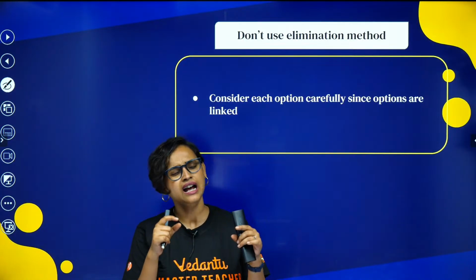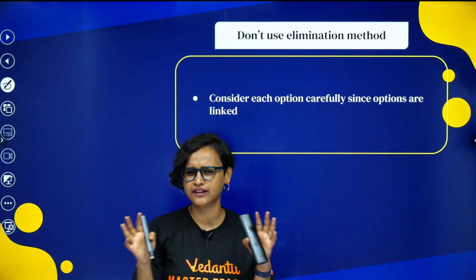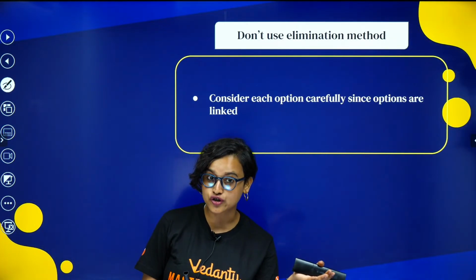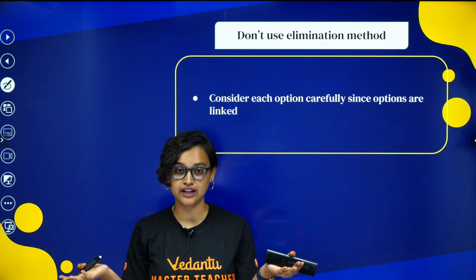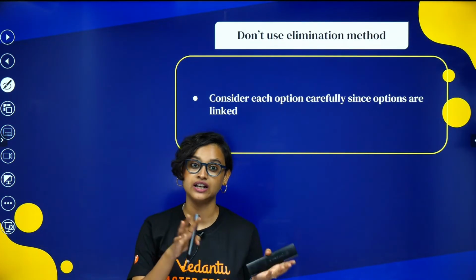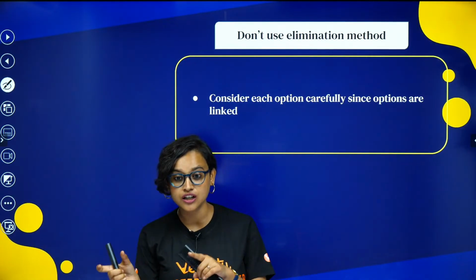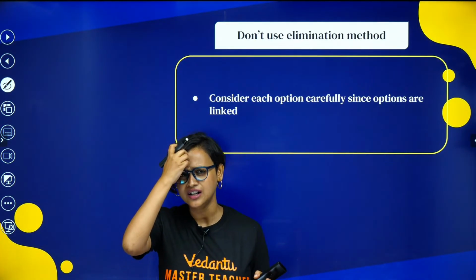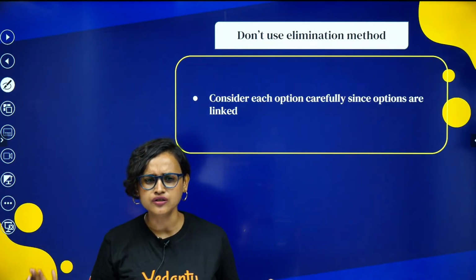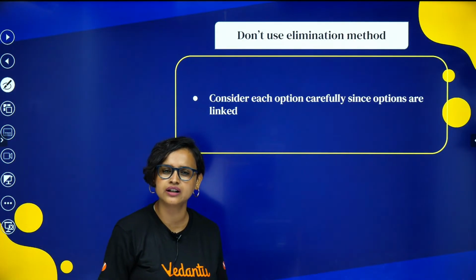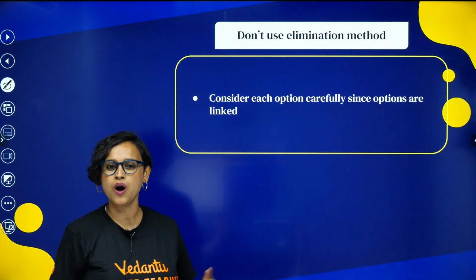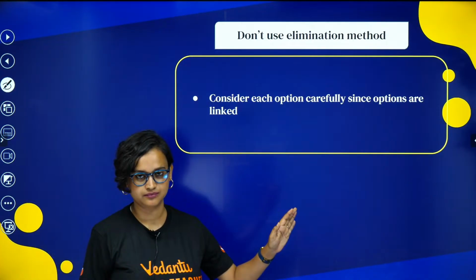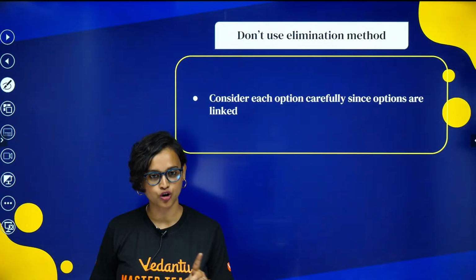You read the question and then you go for all those tips and tricks that many people have taught you, that extreme values are not correct or extreme values are correct. If there are similar options, then you can just click on one of them, right? All of that you probably have read. So you probably go for the elimination method and then you just click on one of the correct answers, right? But here, the elimination method is not going to work.